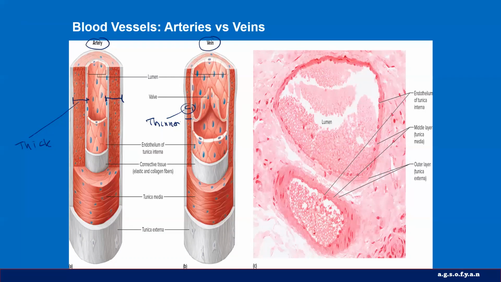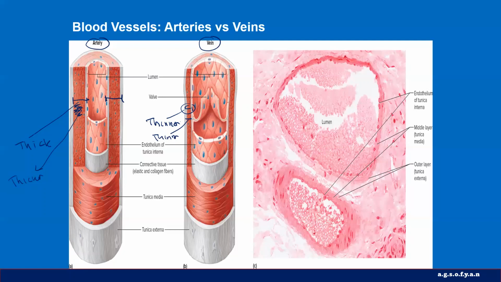What makes it thicker is the muscle over here. So the middle layer, if you see, the muscle of the artery is thicker compared to the muscles of the vein. Okay, that's the first thing that you see.